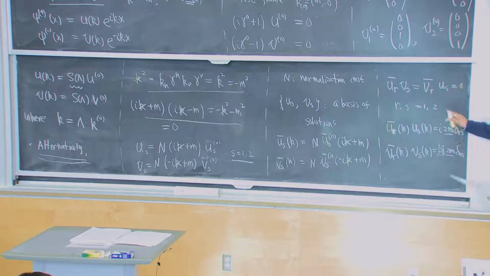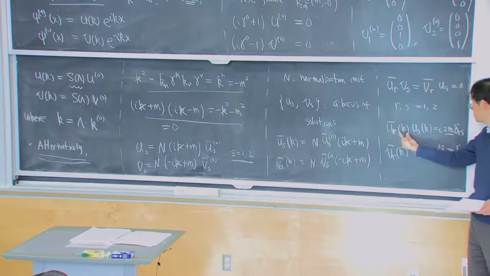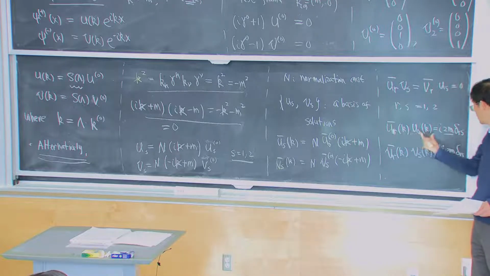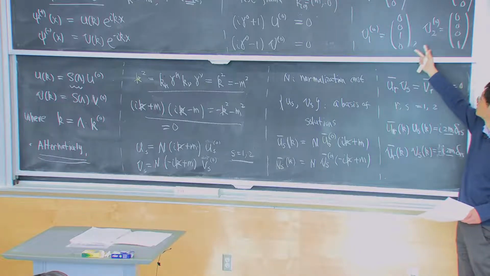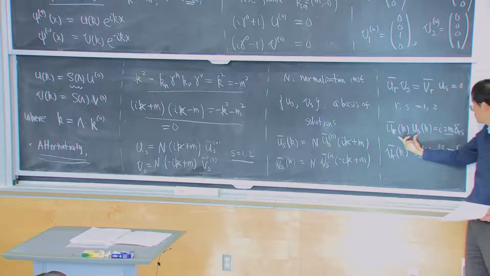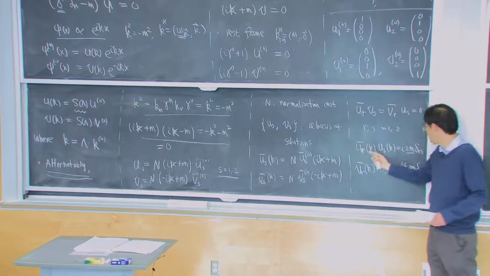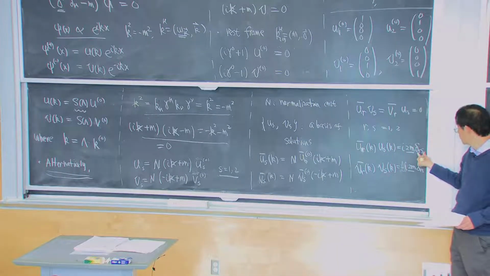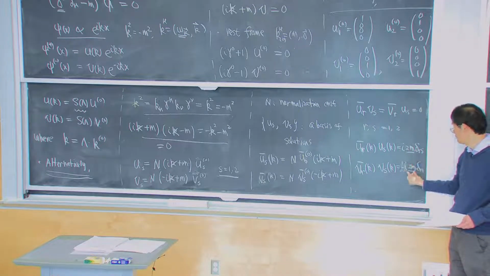You can check yourself that different values of r and s are also orthogonal to each other. You can already see this in the rest frame, and you can easily check it using those expressions. But you can also check, again using this identity, that different values of r and s are orthogonal to each other, and when they are the same, we normalize the constant to be 2m.